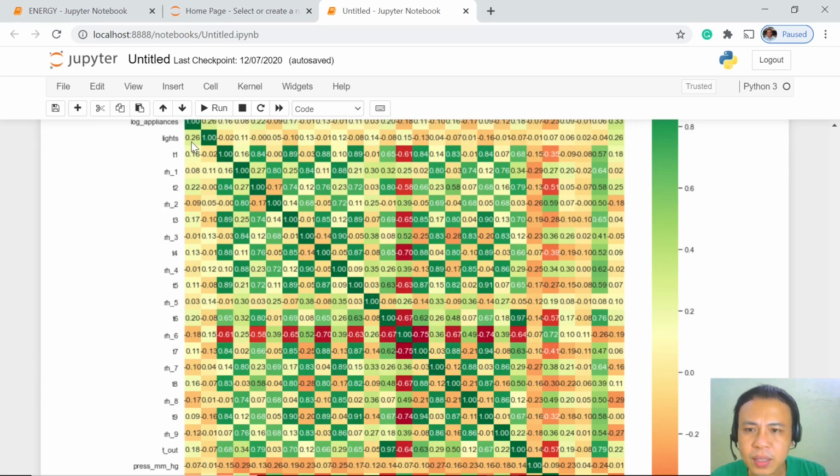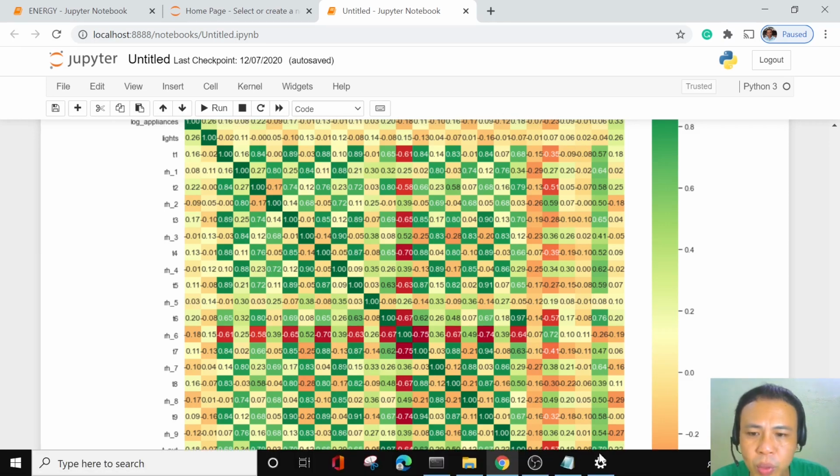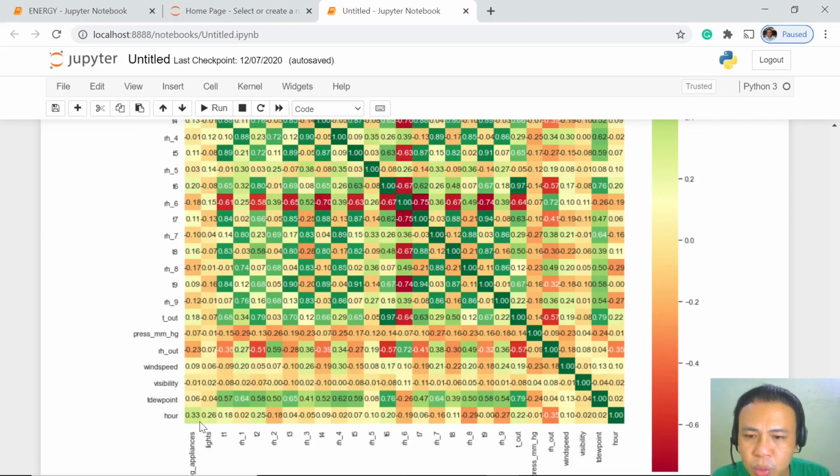Lights has a strong relationship with log appliances. It has a 0.26 score. Then we also have T2, which is 0.22. Then we have T3, and of course T6, and then we have hour, which is 0.33. So far it has the strongest correlation among all of these features.